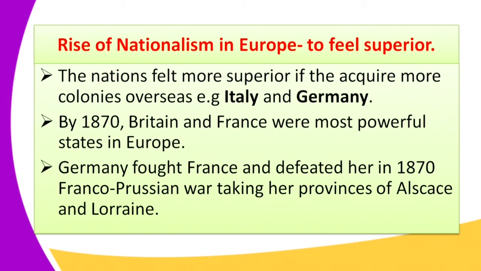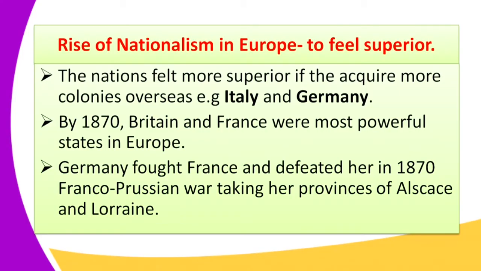So France, because they lost this, wanted to compensate this loss by acquiring more colonies in Africa. And you will see France went all the way to West Africa, and they conquered a majority of these colonies in Africa. So this was the reason why they came to Africa to scramble for colonies.